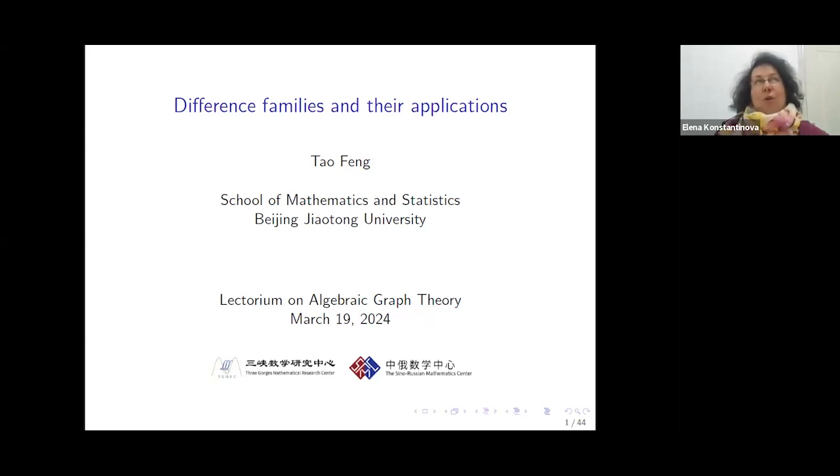After his talk, there was a discussion about what exactly the applications of difference families are in algebraic graph theory, in coding theory. That is why I decided to invite him to give two lectures about this subject, these sets of difference families, and explain to us what the applications actually are.